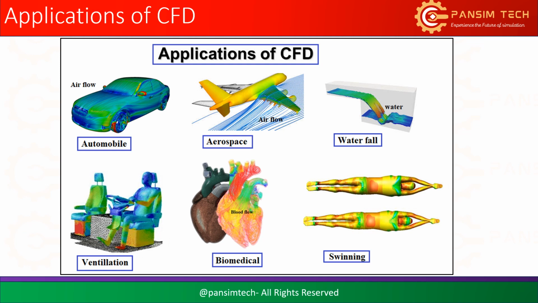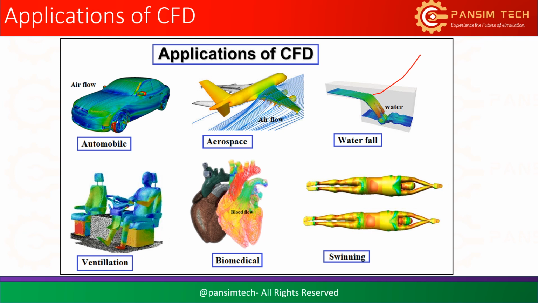Aerodynamic noise and aerodynamic heating are also scopes of analysis in aerospace. Waterfall analysis gives various hydroelectric things. Waterfall means getting all the geo impact things, so that we can do hydrostatic analysis or hydrodynamic analysis in this type of scenario.